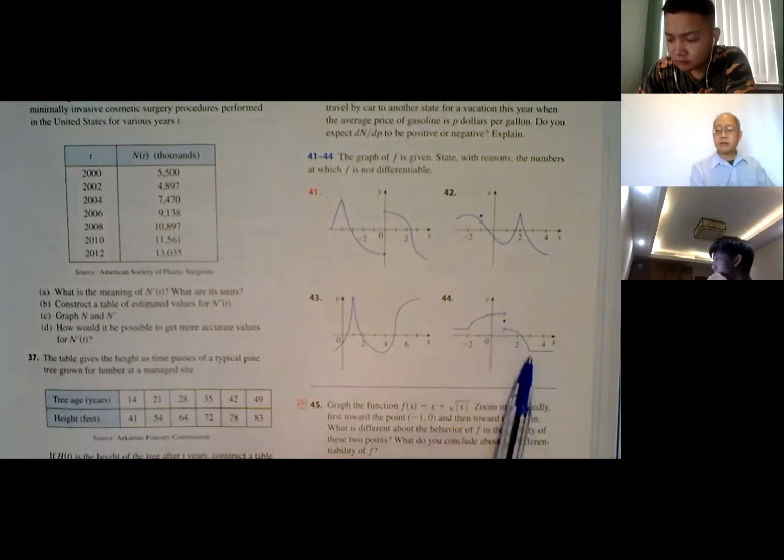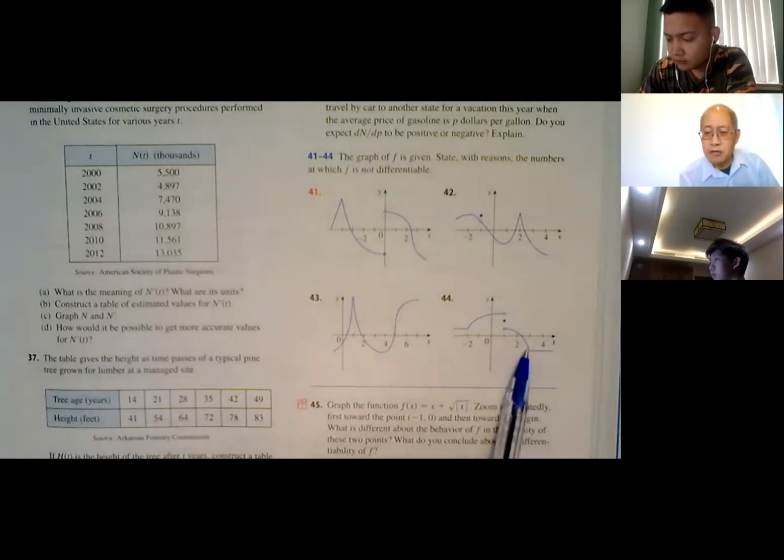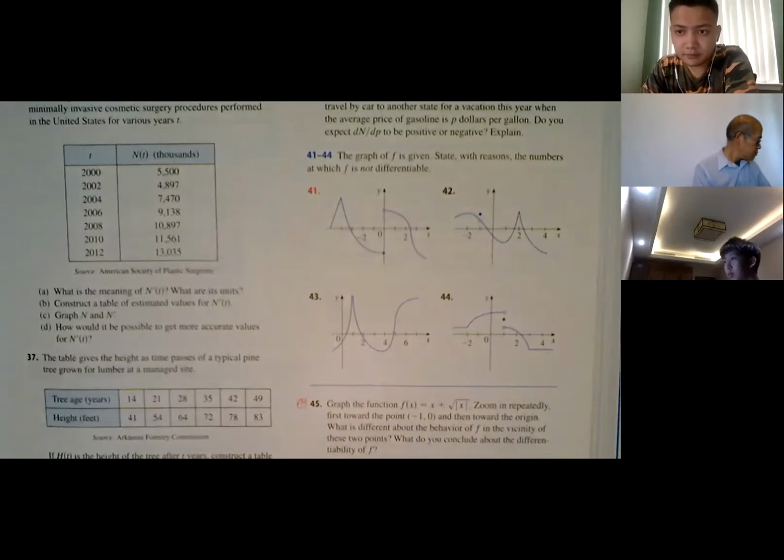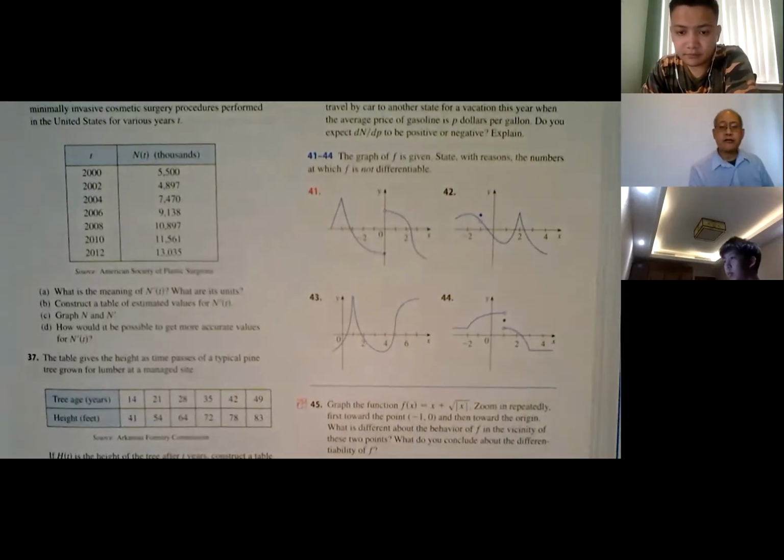And then at x equals 3, what's happening? Corner point, right? At a corner point, you have an abrupt change in direction. You very quickly move to a different direction. Okay, so that's it for that one.